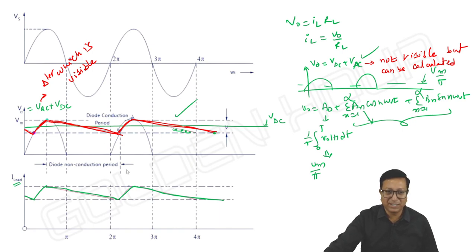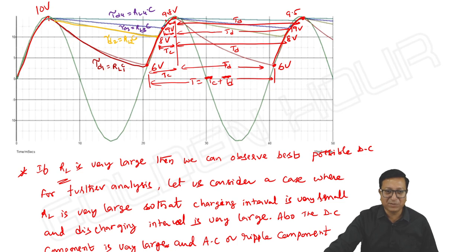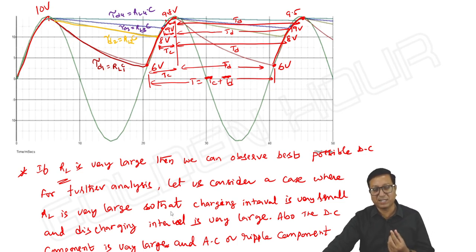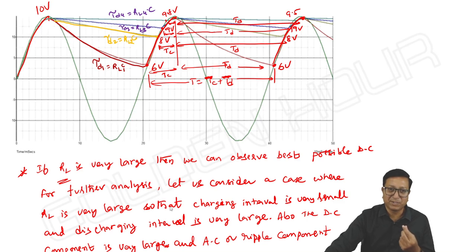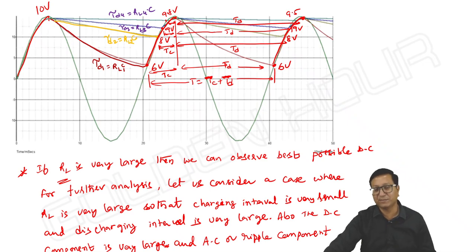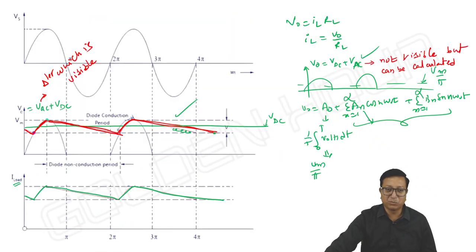I am taking a case where the time constant is very large, where I can see very small conduction of the diode, and the diode is off most of the time. Charging time is very small and discharging time is very large, so that the output almost appears like a straight line.